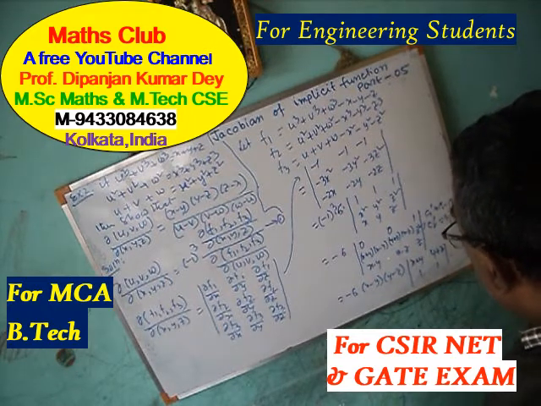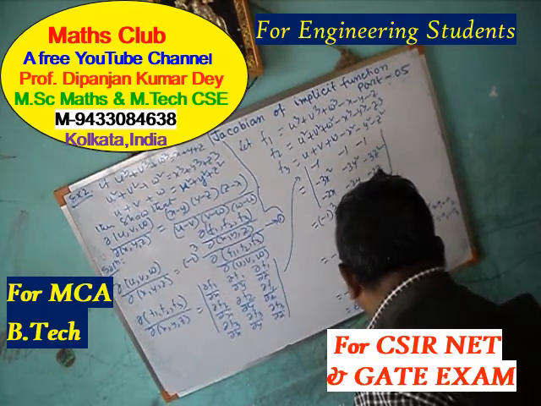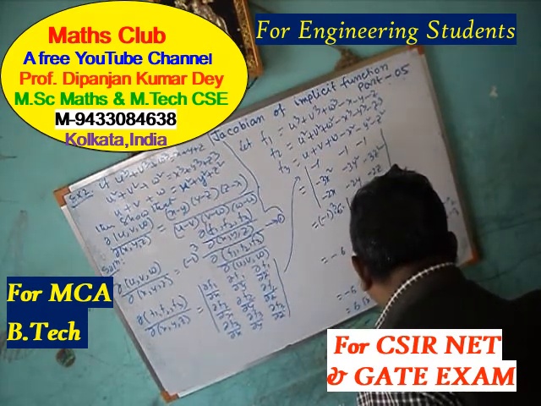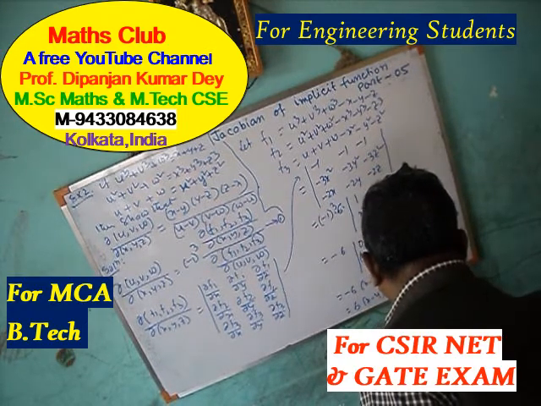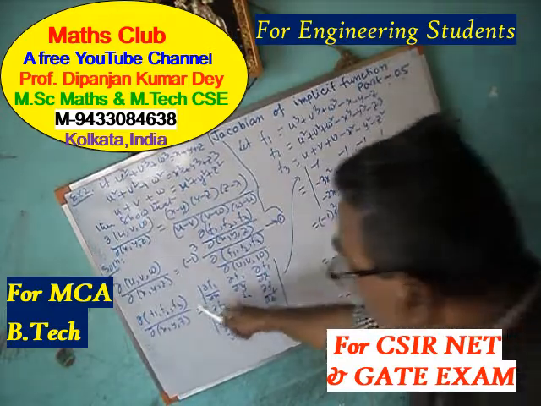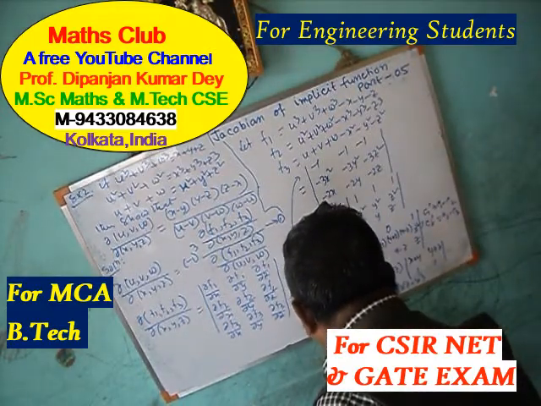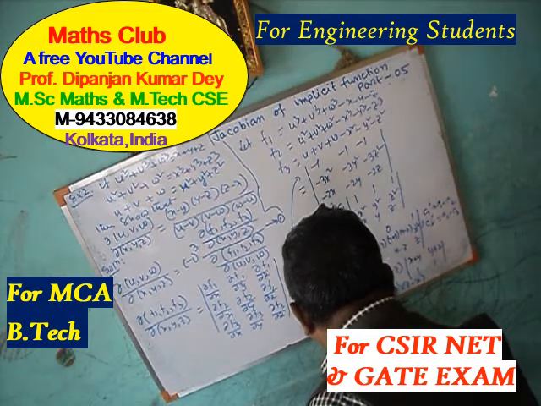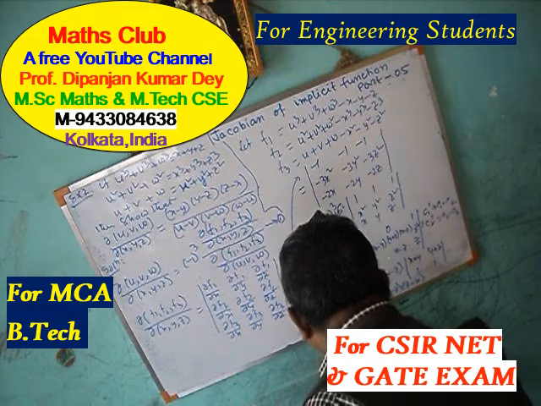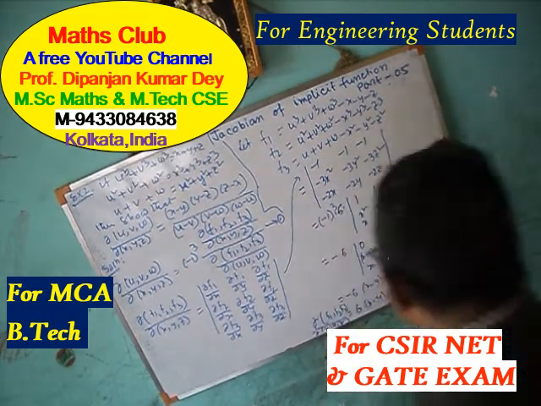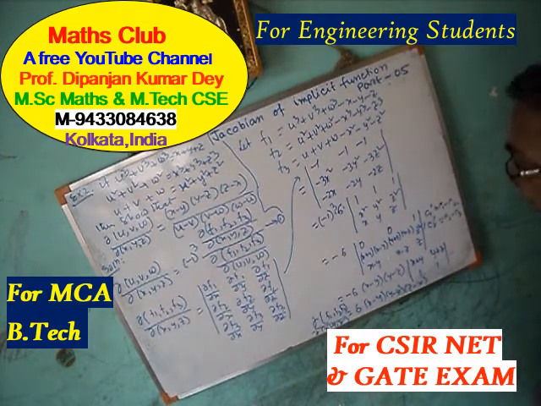Take minus common, that means this value will be 6 into x minus y, y minus z into z minus x. So that means del of f1, f2, f3 by del of x, y, z is equal to 6 into x minus y into y minus z into z minus x.